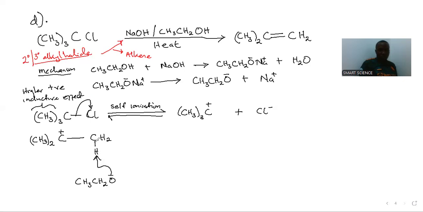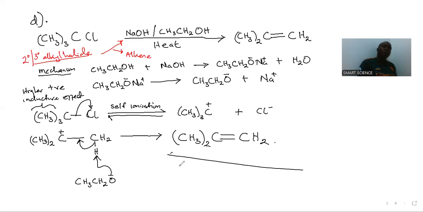As the hydrogen is attacked, it breaks off to form a double bond of the alkene, so that we can come up with (CH3)2C=CH2. So that will become our mechanism in the final product.